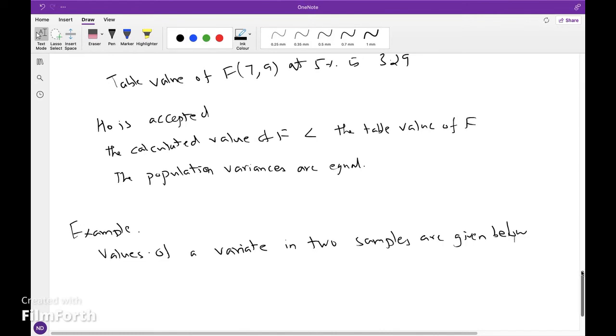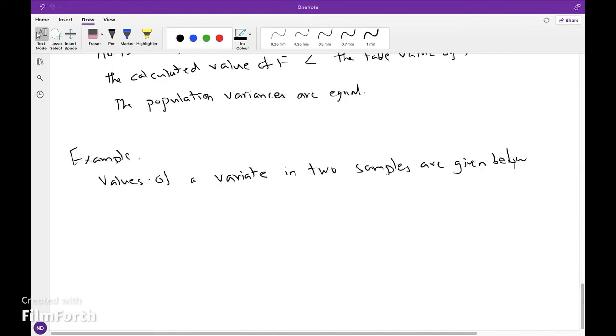Sample 1: 5, 6, 8, 1, 12, 4, 3, 9, 6, 10. Sample 2: 2, 3, 6, 8, 1, 10, 2, 8.